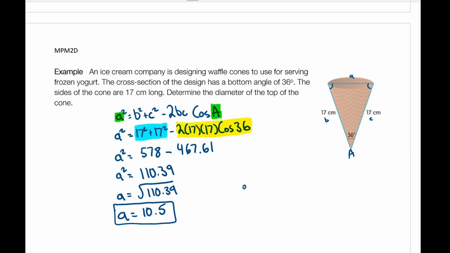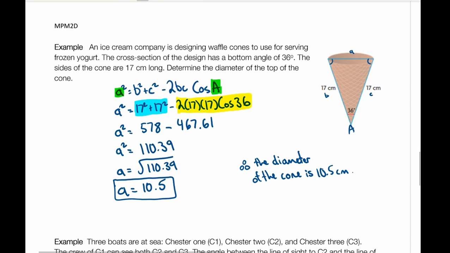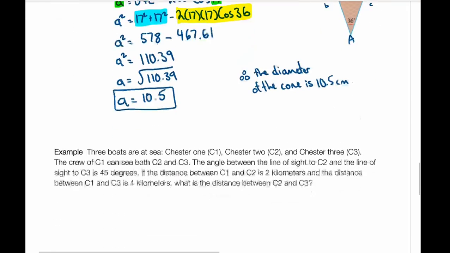So, therefore, the diameter of the cone is 10.5 centimeters. So that one was a little bit easy because it did give us the triangle.